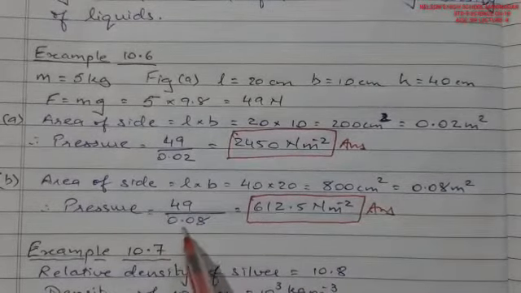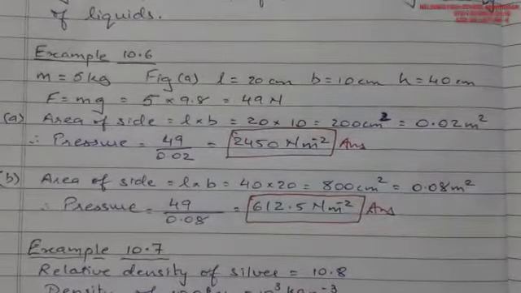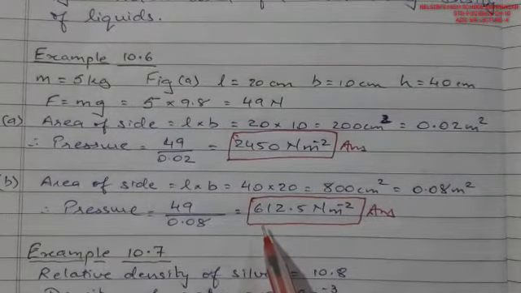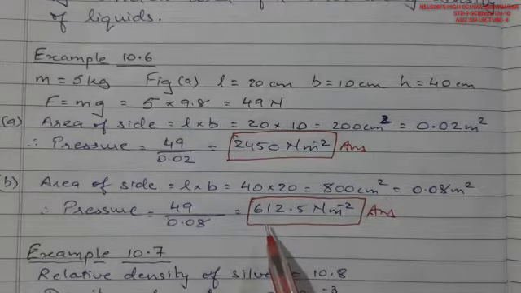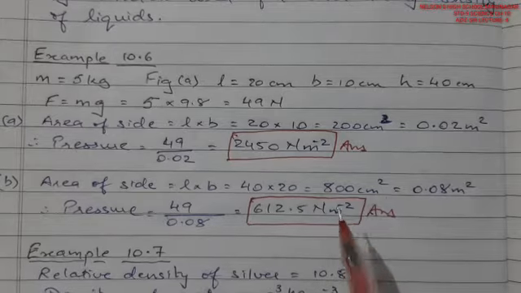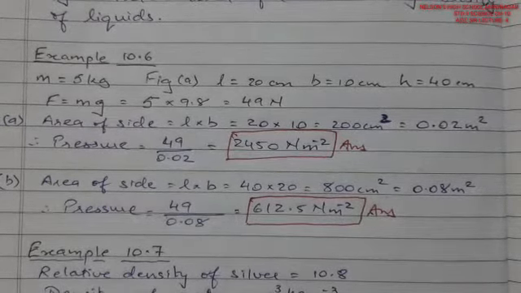So 49 divided by 0.08 comes out to be 612.5, or otherwise if it is 0.04, then the answer is going to be double, 1225 Newton per meter square. So it can be either answer, you calculate according to the book that you have.